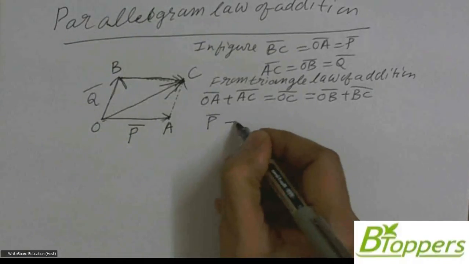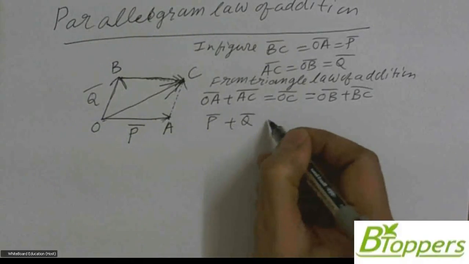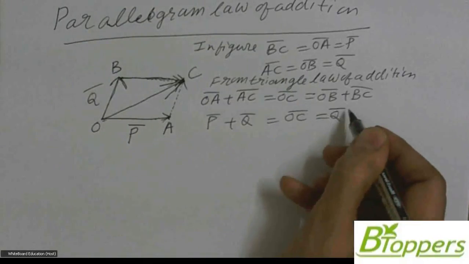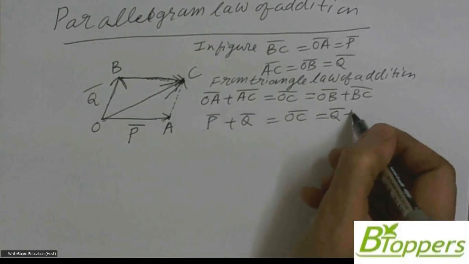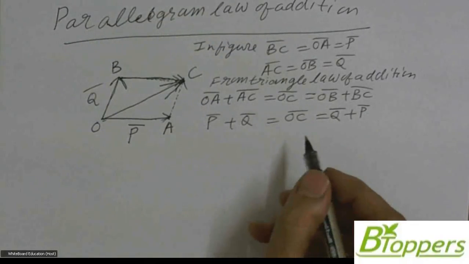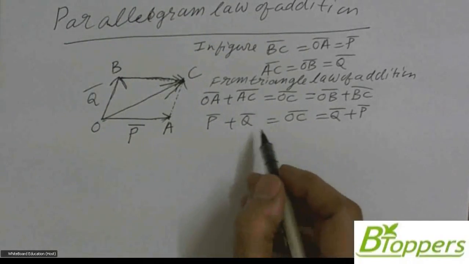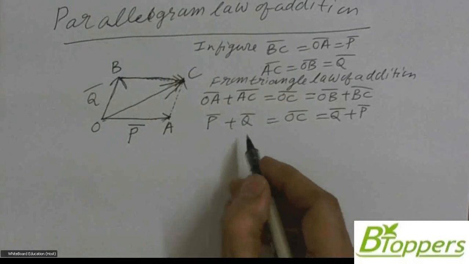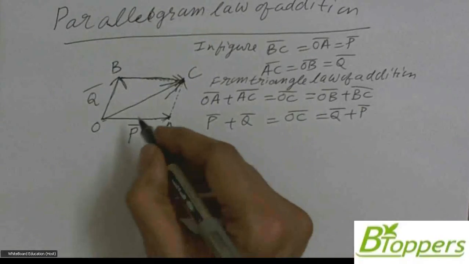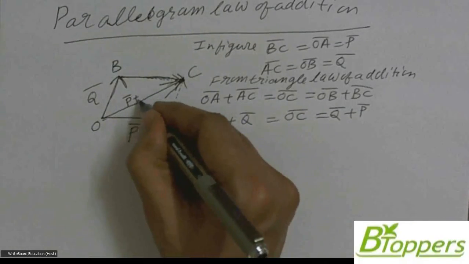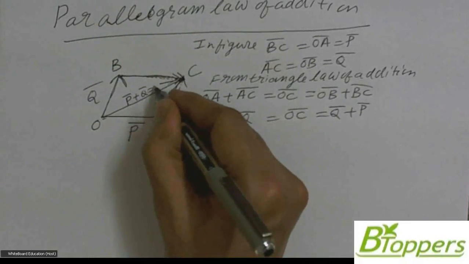That means you can write P bar plus Q bar equals OC bar. That can also be written as Q bar plus P bar. That means addition of vectors is commutative: P bar plus Q bar is the same as Q bar plus P bar. The resultant of the two vectors P bar and Q bar may be denoted by R bar.